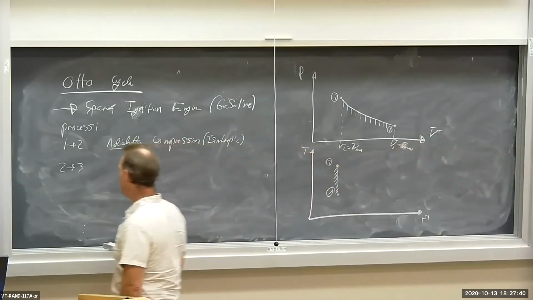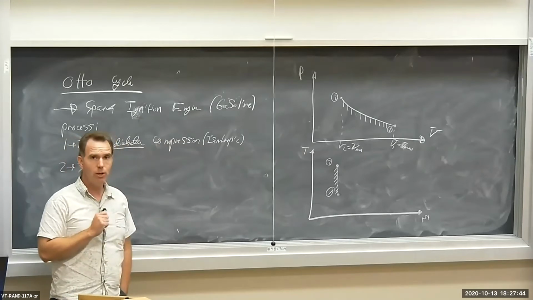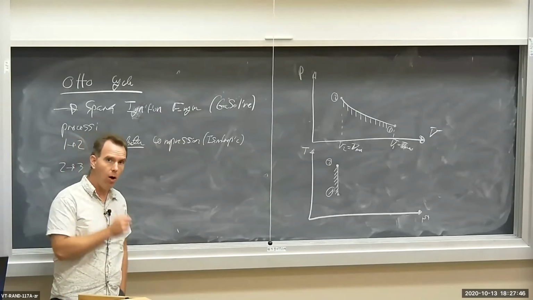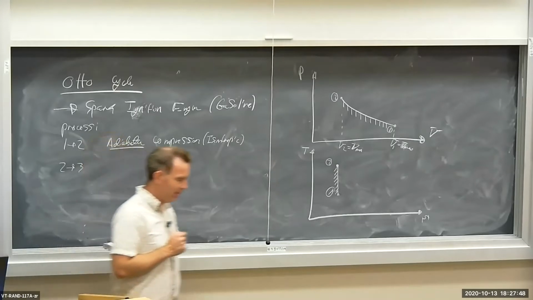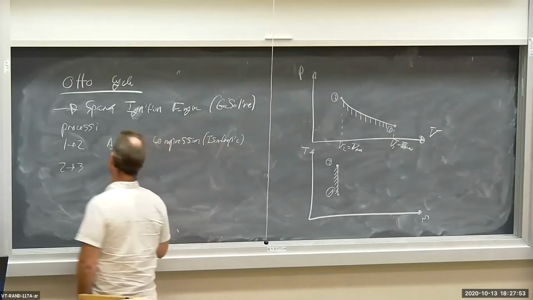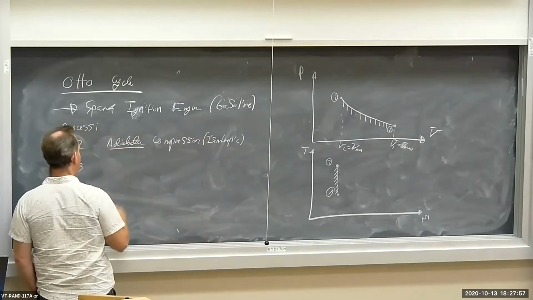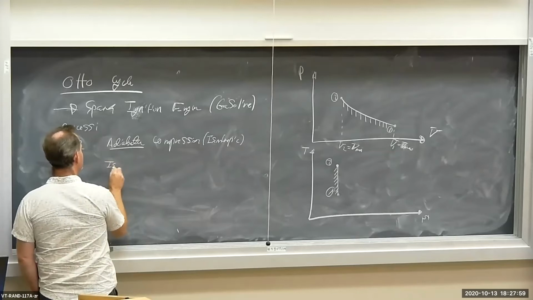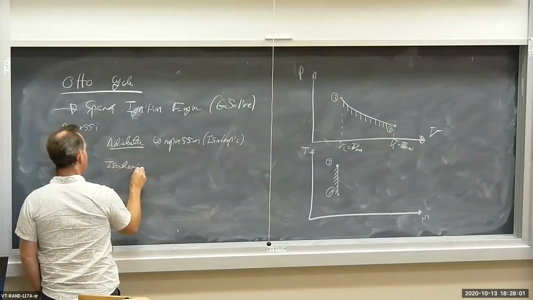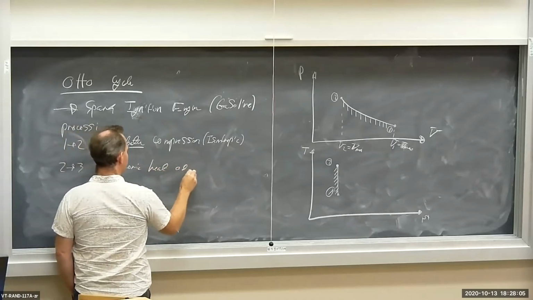The heat gets released so fast that the piston cylinder device isn't moving while all the heat is added. That means it's a constant volume heat addition process. Constant, or if you like, isochoric.